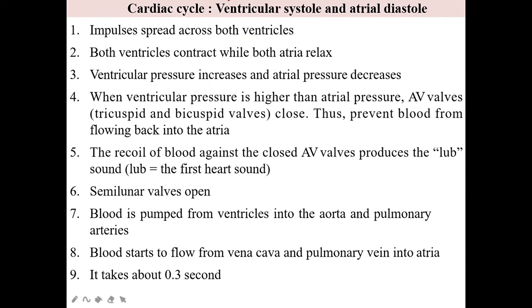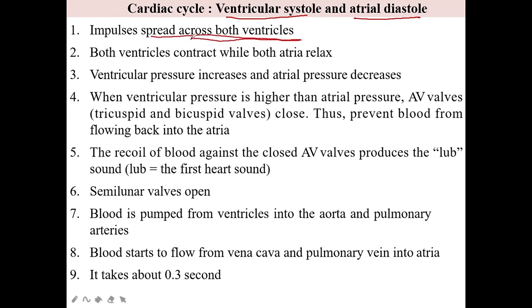Second phase, ventricular systole, atrial diastole. So during this phase, ventricle akan contract, atria akan relax. So tadi impulse daripada SA node spread across both atria. So atria contract, ventricle relax. So sekarang impulse tu spread across both ventricle.